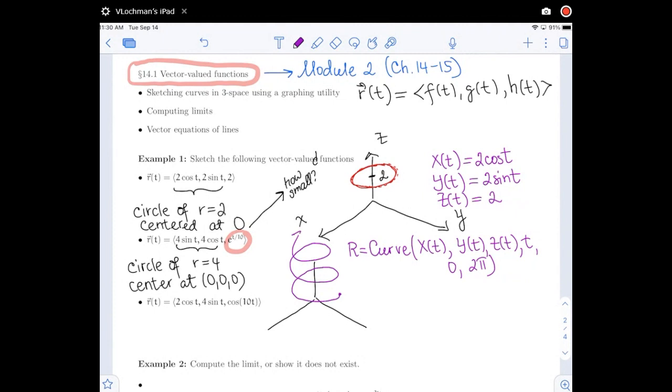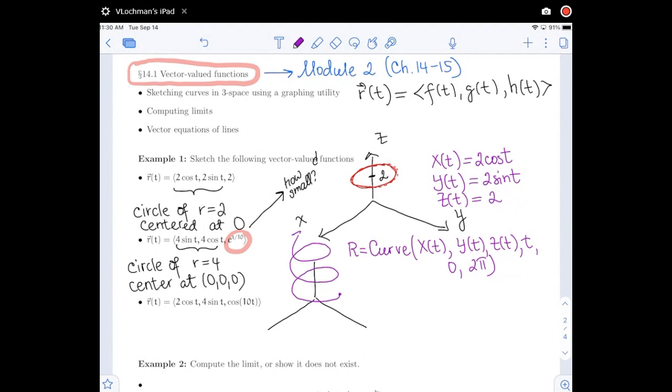Why? Because that z component is a function of t, and it goes up very quickly. So you can imagine this spiral gets stretched really, really quickly. But that distance from the origin is still 4. That's your radius, the radius of the circle. It's just the height that goes up really, really fast.